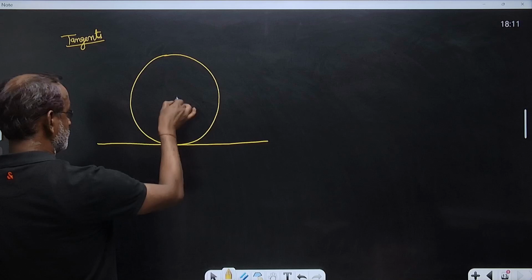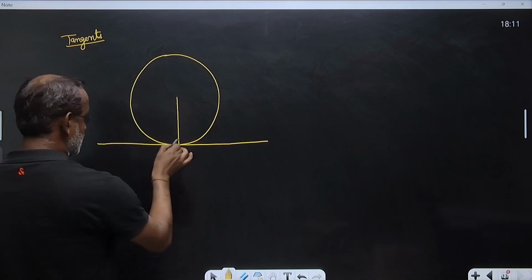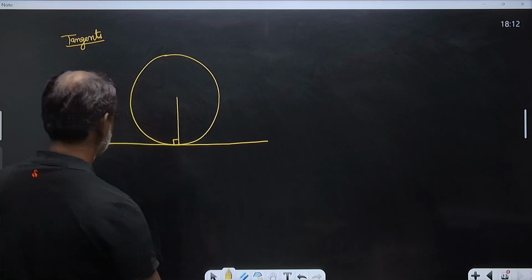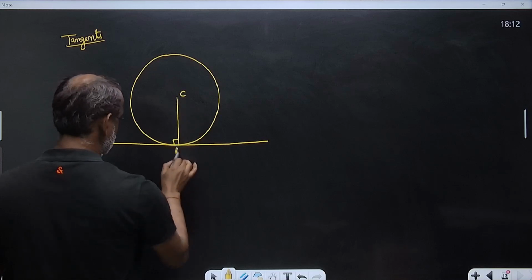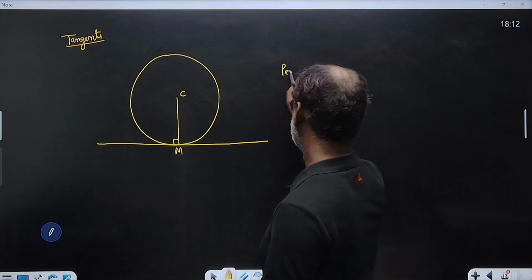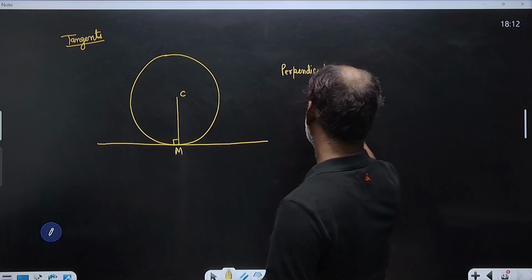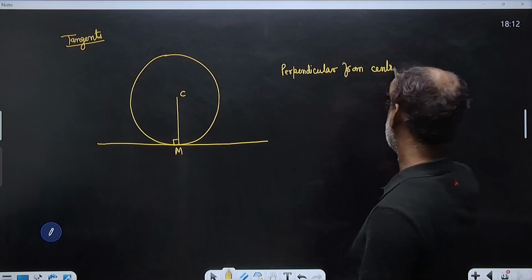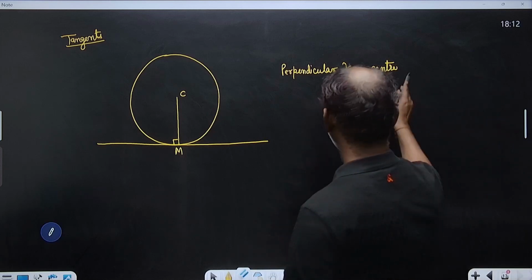Okay. So, you can say this angle is 90 degree because this point itself now becomes midpoint of the chord of length 0. Okay. So, perpendicular from center, rather than saying perpendicular, what do you say?